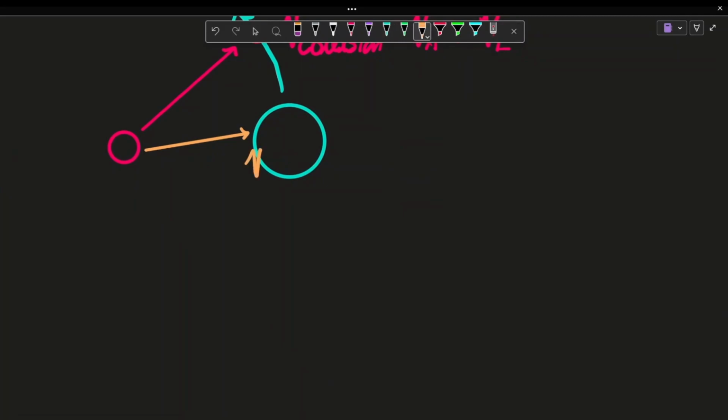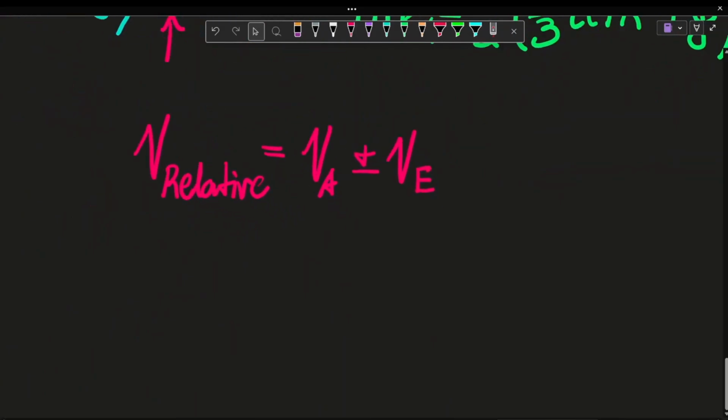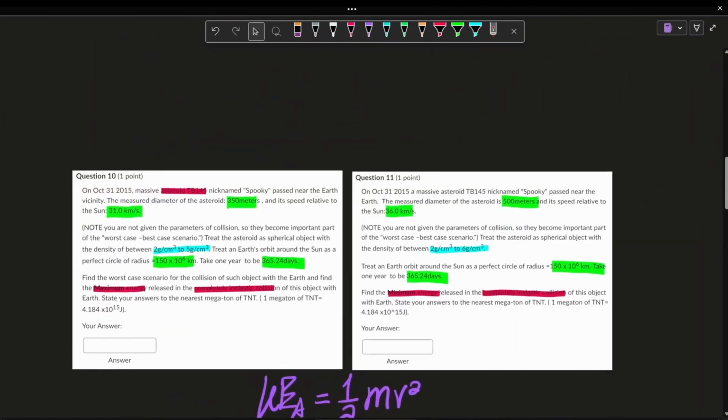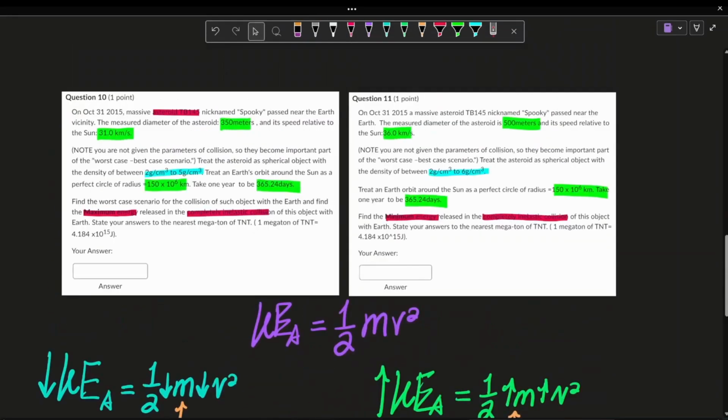So the collision velocity is going to be the velocity of the asteroid minus the velocity of the Earth. So this is where it differs. And then we can extend on this more. Now, we know the velocity of the asteroid for both instances relative to the Sun, but we don't know the velocity of the Earth. But we're given enough information to figure it out.